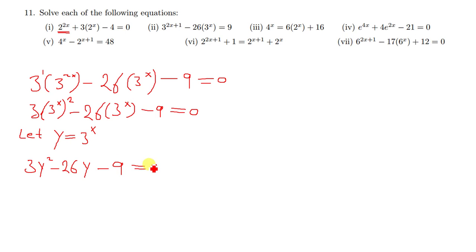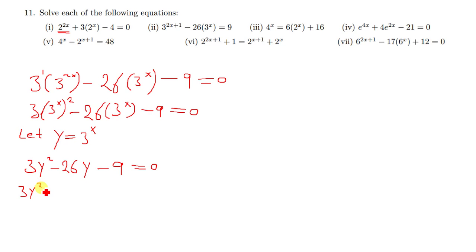What we now do here is simply solve the quadratic equation. The product is 3 times 9, which gives us negative 27, and the sum is 26. So there's a probability of us getting a 26 and a 1.